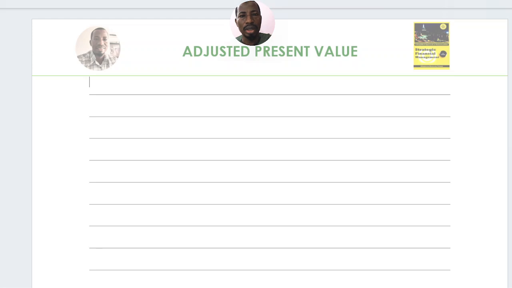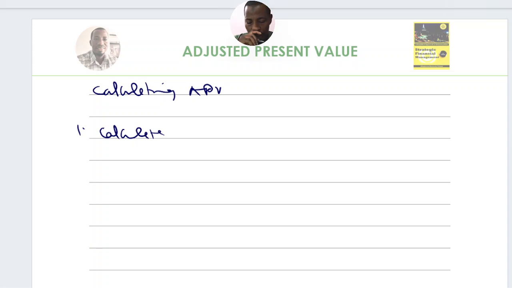When you are computing adjusted present value, there are four procedures to be considered. Step one is to calculate base case NPV.